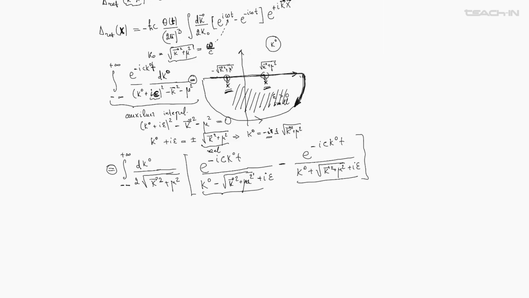That is because for t bigger than 0, you have to look at this exponential minus i c k0 t, and for t positive, you see that k0 should have a negative imaginary part, so it should behave like minus i modulus of k0, roughly speaking.